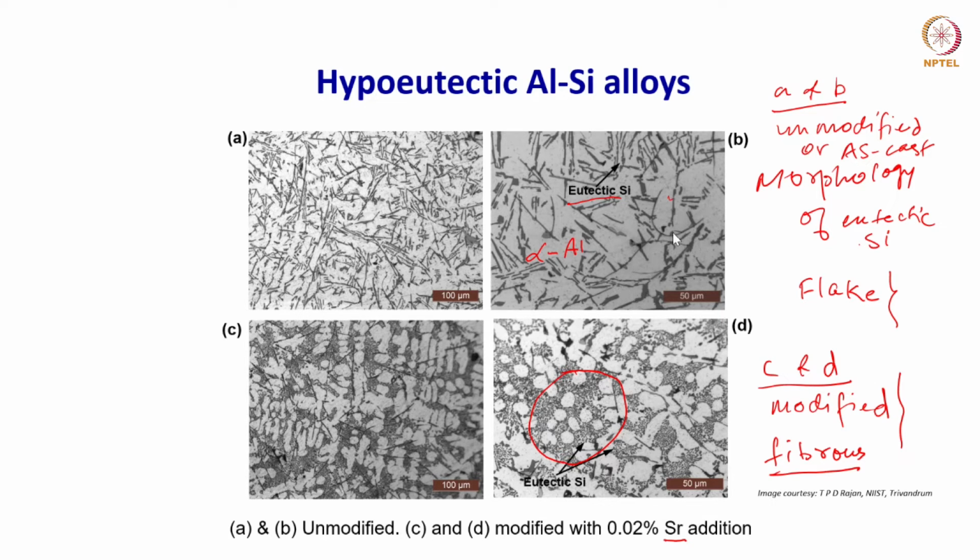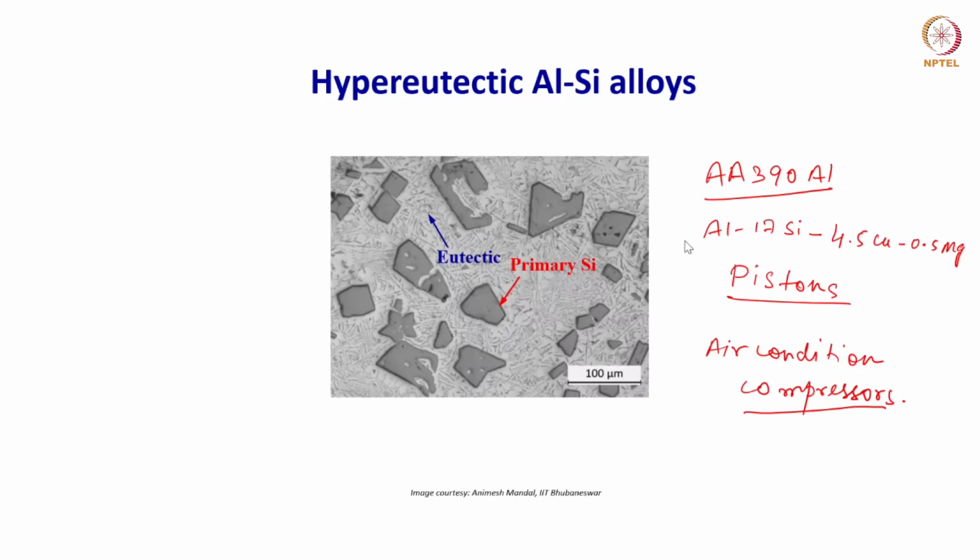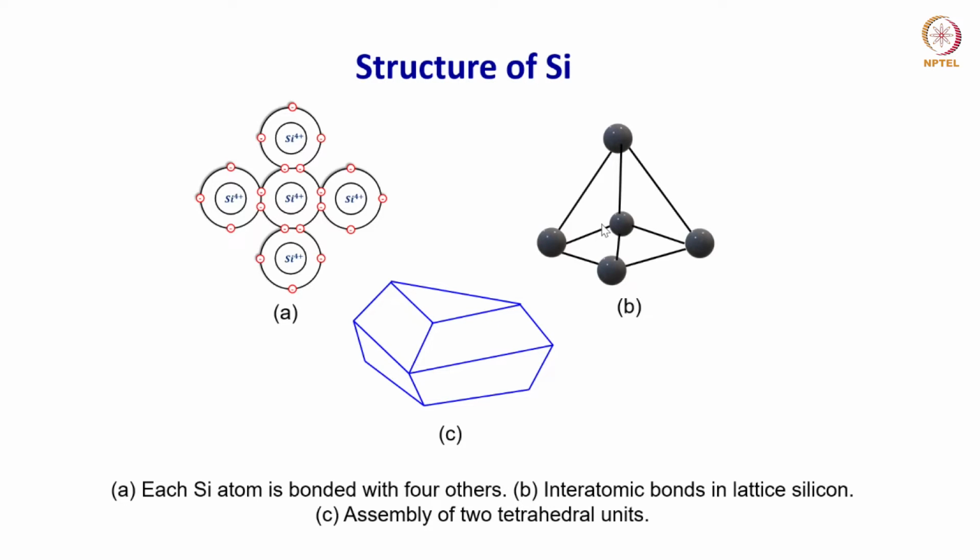Okay, and with regard to that, we first of all discussed what kind of structure silicon has, and what it takes for silicon to form a stable nucleus, and that is nothing but two of these tetrahedra. If these two tetrahedra combine, it can form a stable nucleus for silicon, and then it starts to grow in a particular direction.